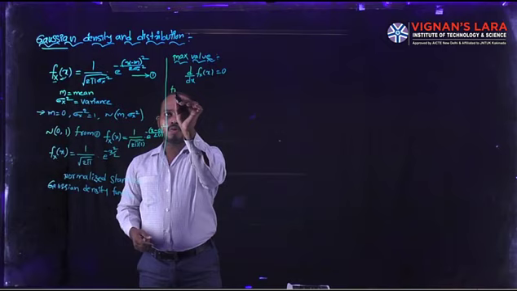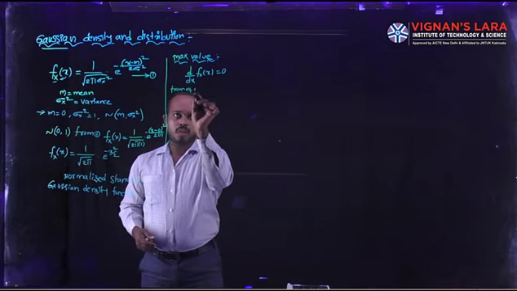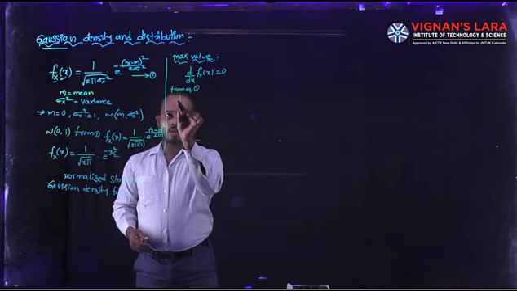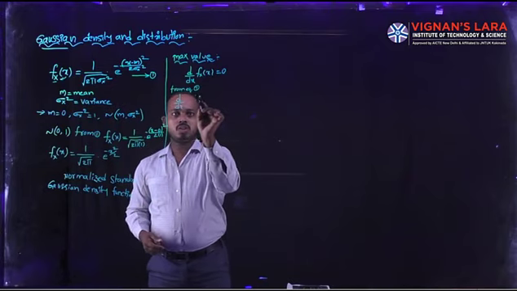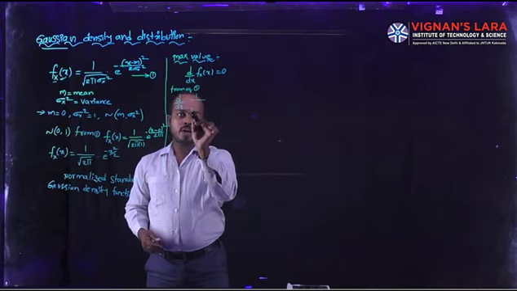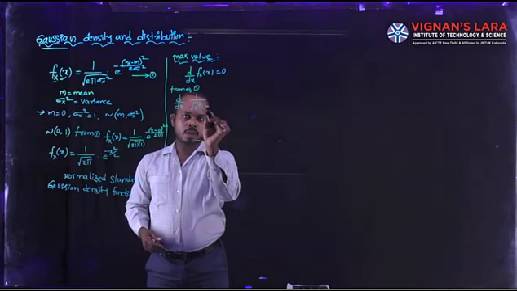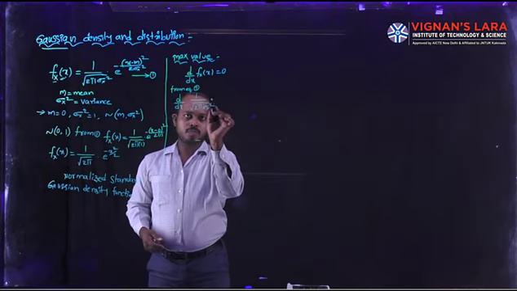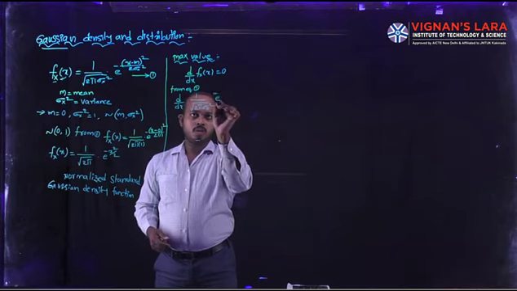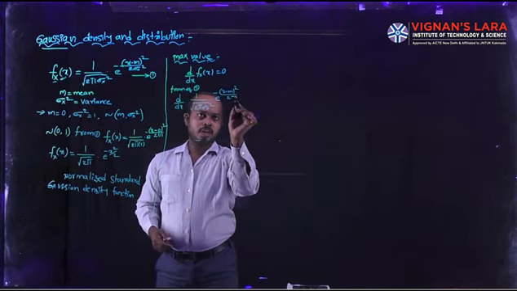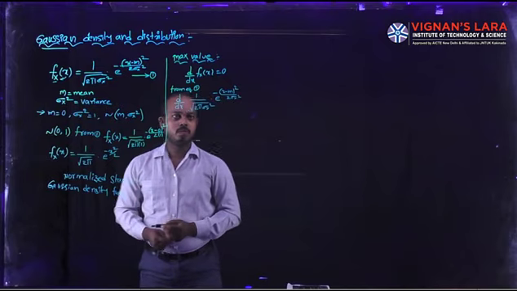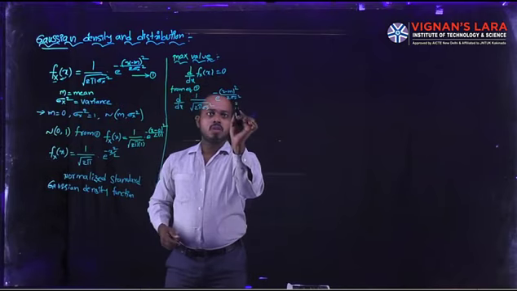From equation 1, d by dx of 1 divided by square root of 2 pi sigma x square into e power minus x minus m whole square divided by 2 sigma x square is equal to 0.